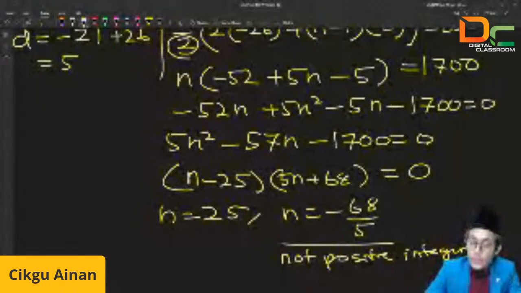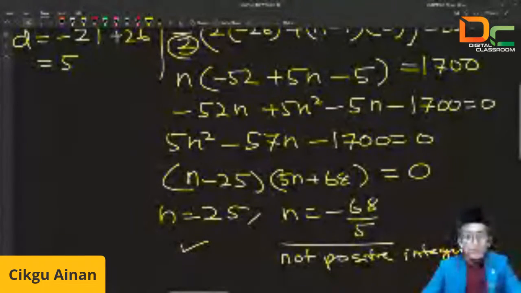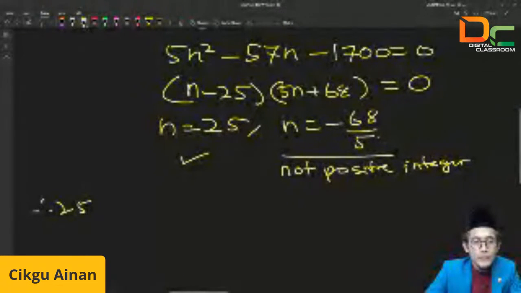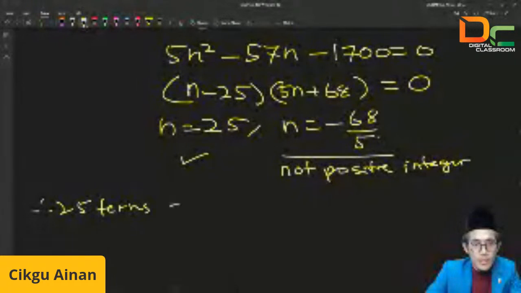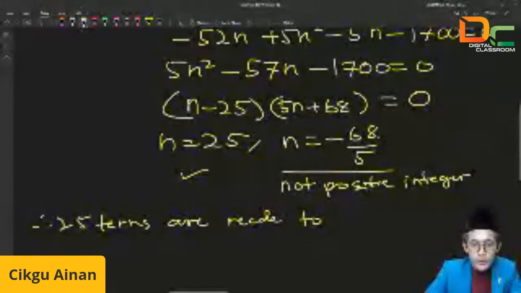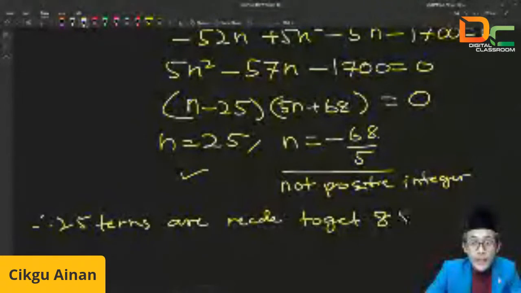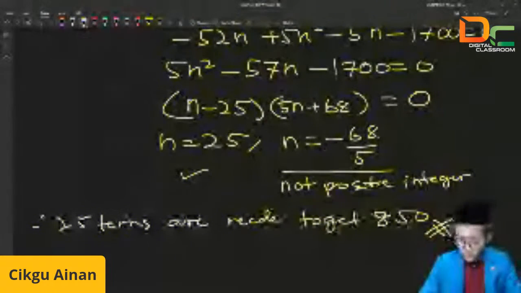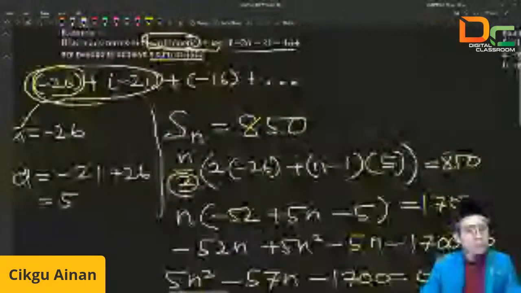This one is a positive integer, so we can accept it. Therefore 25 terms are needed to get 850. Number 4 done.